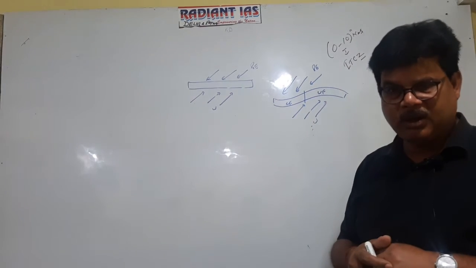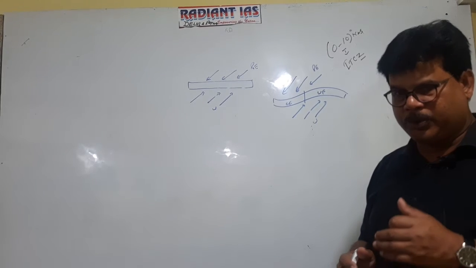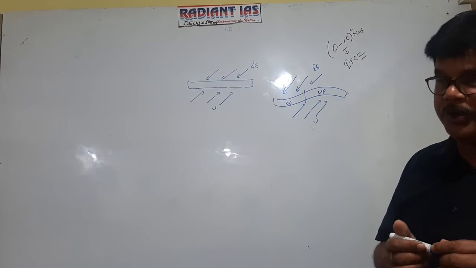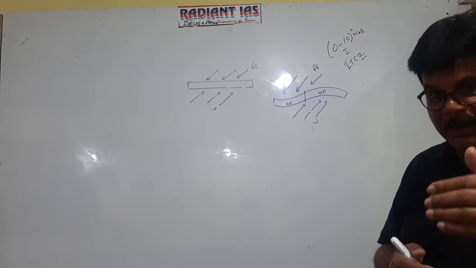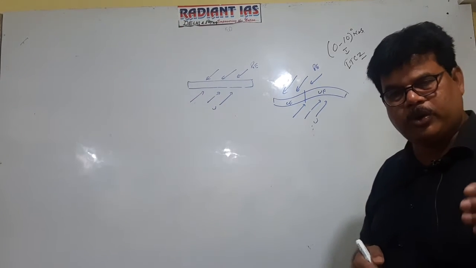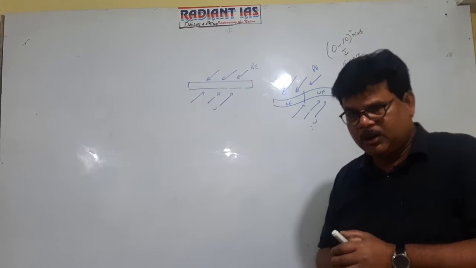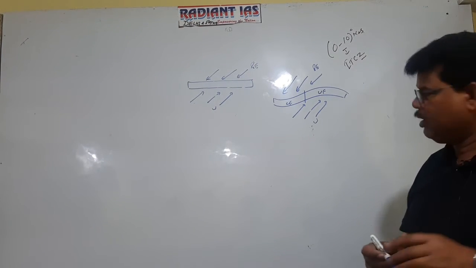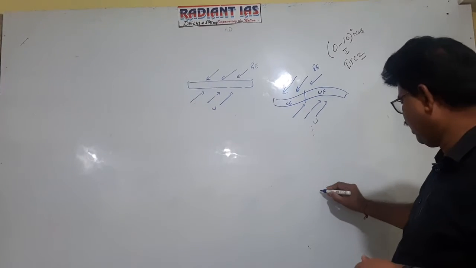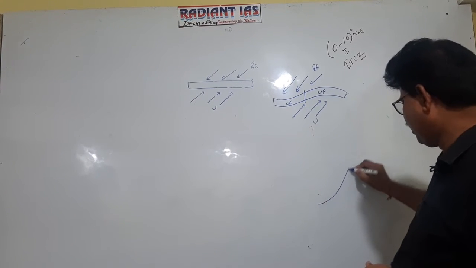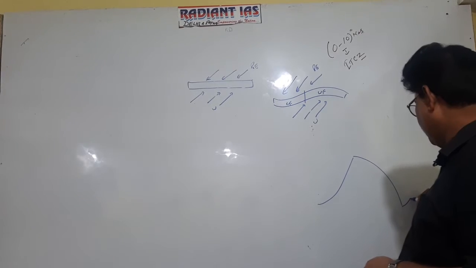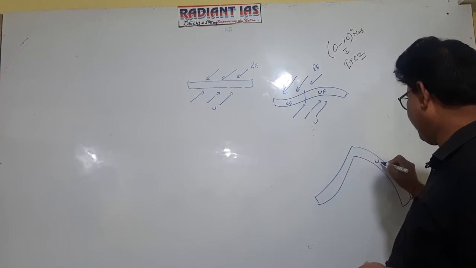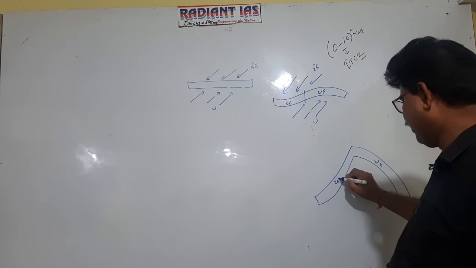Then wind shear occurs. Because the cold wind is more effective as this front is located close to the polar zone, it penetrates into the zone of westerly wind. Consequently, this front takes this shape. This part is the warm front, this part is the cold front.